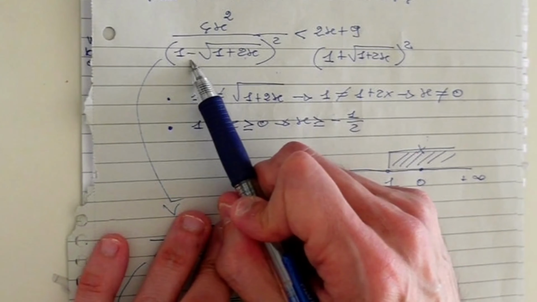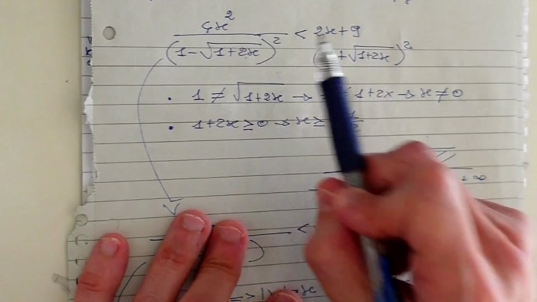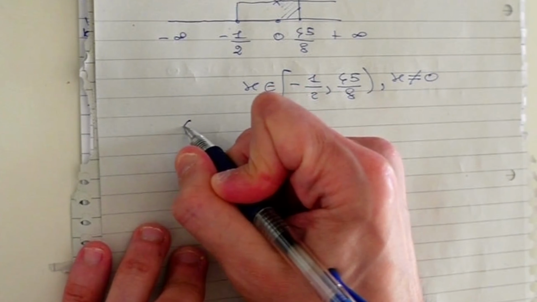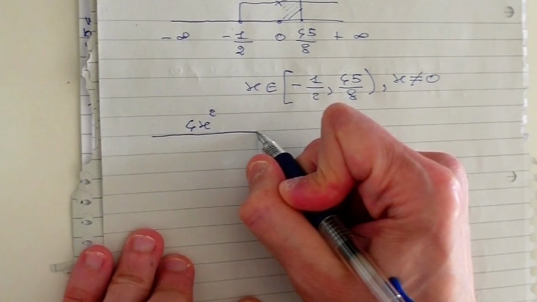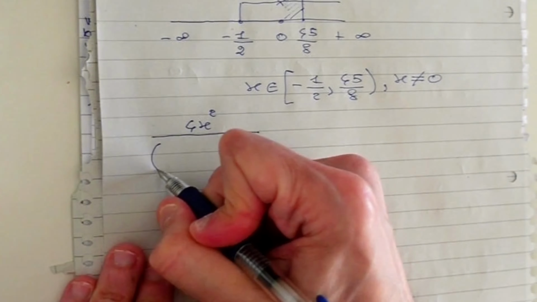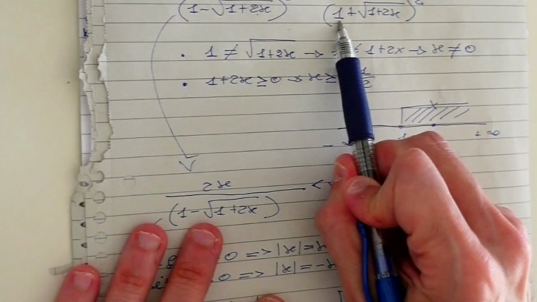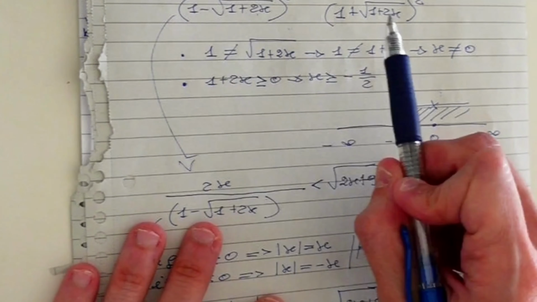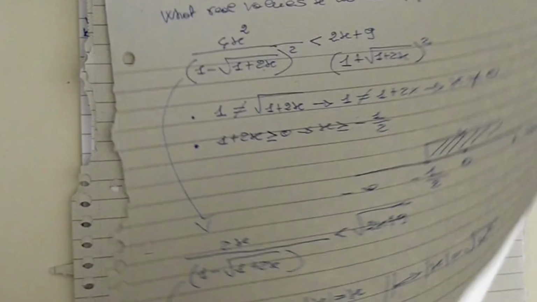Again, when there is a minus and there are two terms, remember to apply the difference of squares. We get 4x squared over, when we apply that, 1 minus what? Well, this cancels out, and what do we obtain? We obtain minus 1 and minus 2x.